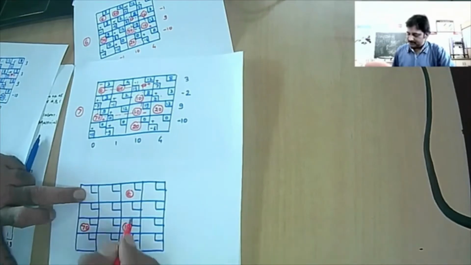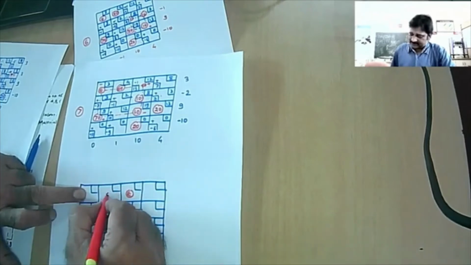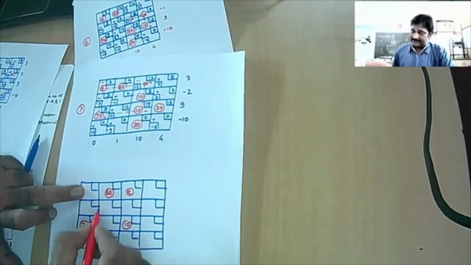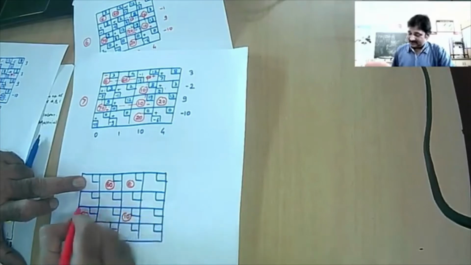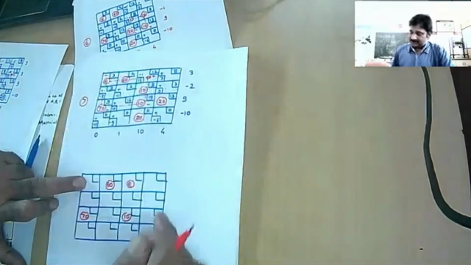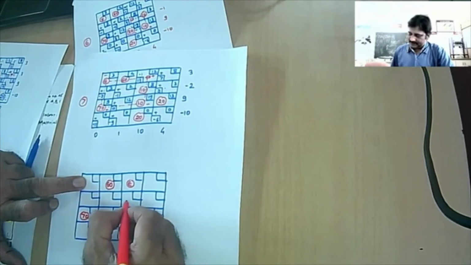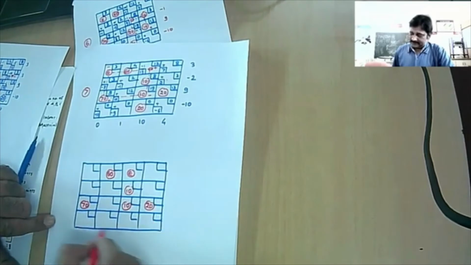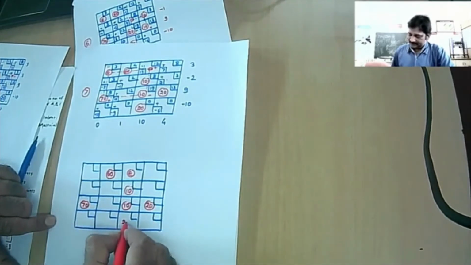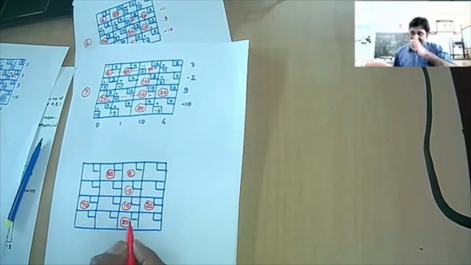Epsilon minus epsilon 0, and the rest of the allocations you will be putting at their places. Okay. So here was 60. Here will be 20, and here is 10, and here is 20. Okay.